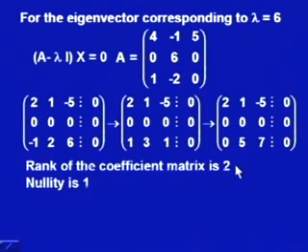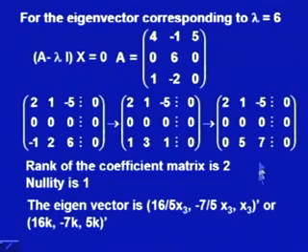So again the rank of the coefficient matrix is 2, but the nullity is 1 for lambda is equal to 6, and that means we can write down the solution of this matrix as follows. If we say x3 is arbitrary, then y becomes minus 7 by 5 x3, and we substitute x3 here and minus 7 by 5 x3 here, then x can be obtained as 16 by 5 x3.